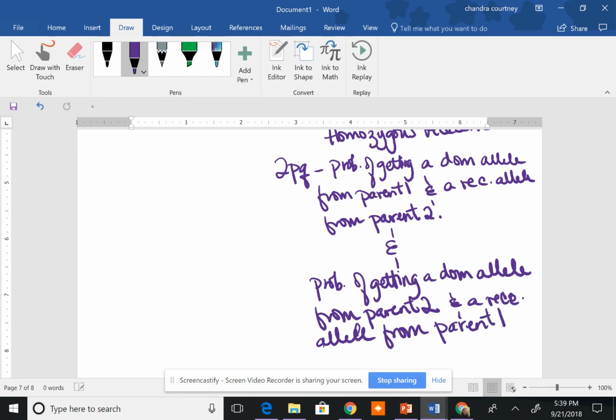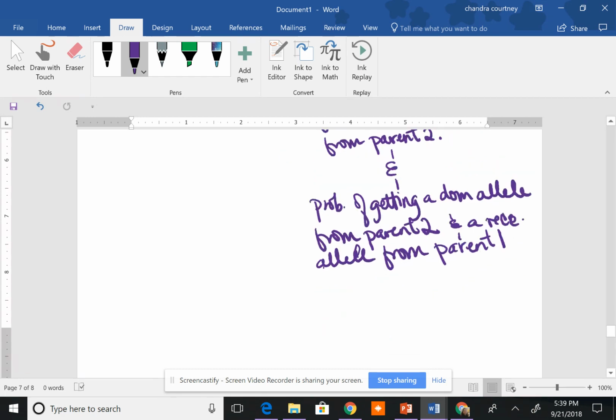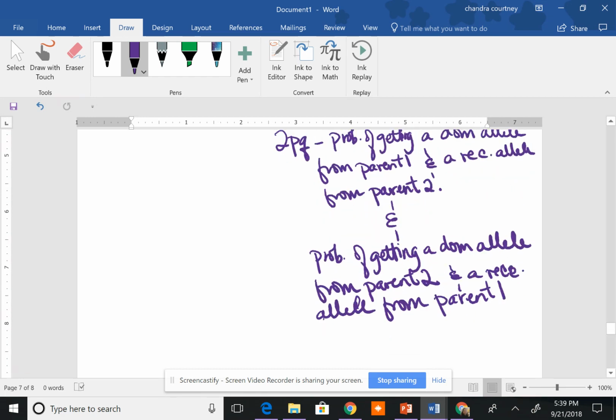Because either parent, assuming that they have both types of alleles, can easily give it to you. It's a 50-50 chance for the most part. I'm going to give you a minute to digest that. Oh, by the way, this is the same as being heterozygote or heterozygous.